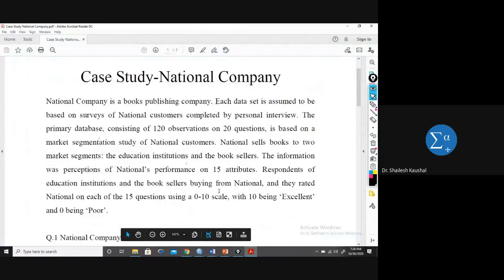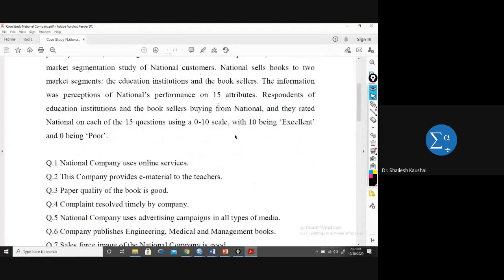I told you I am using the same case study which I already used in multiple regression analysis. So what is the case study? National company is a book publishing company, and the data set is assumed to be based on a survey. The survey was conducted with 120 observations and 20 questions.